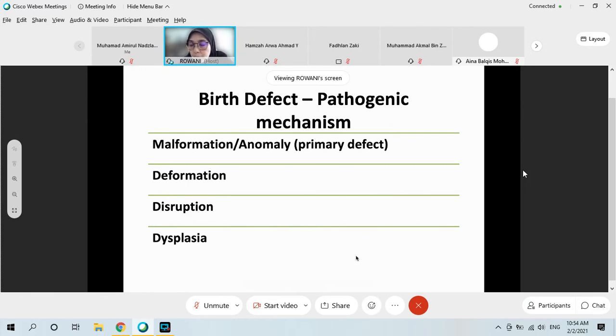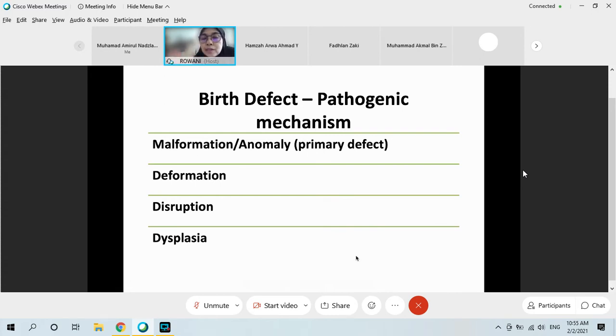First, we have to understand the pathogenesis of birth defects. How does a birth defect occur? Birth defect simply means that there are anomalies that originated from fetal life, the intrauterine period. So how does that happen?